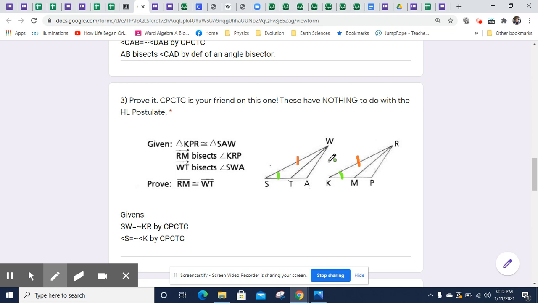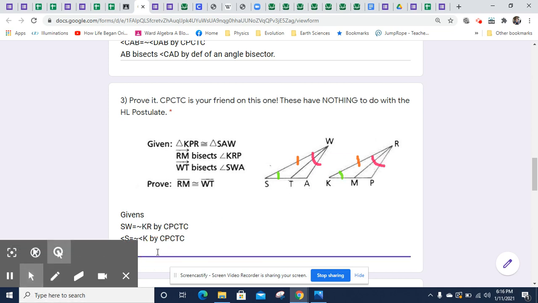Well, we know the two triangles are congruent, so let's state this. This angle is congruent to this angle. We know that. Okay, so now we can say angle SWA is congruent to angle KRP by CPCTC again.